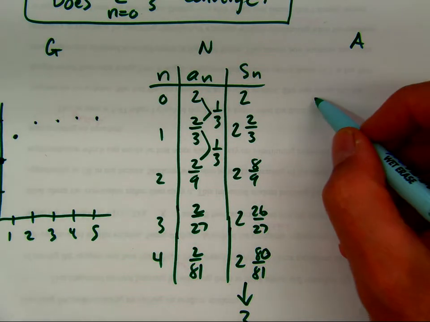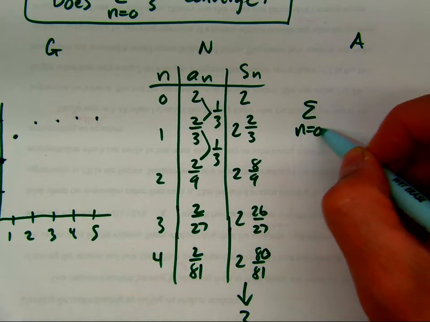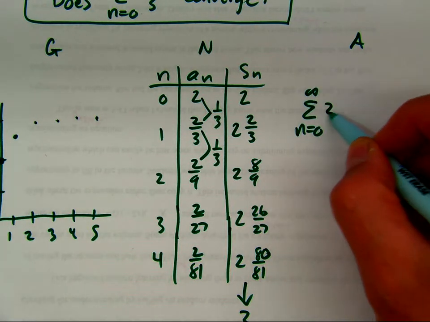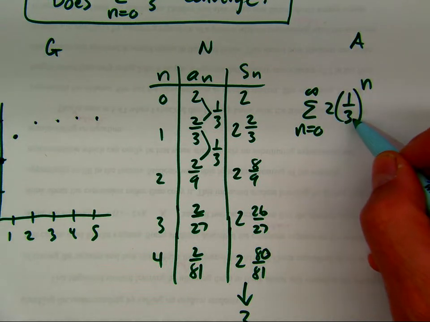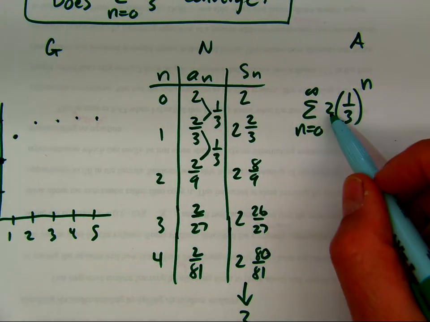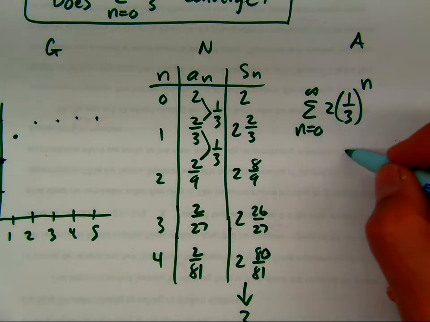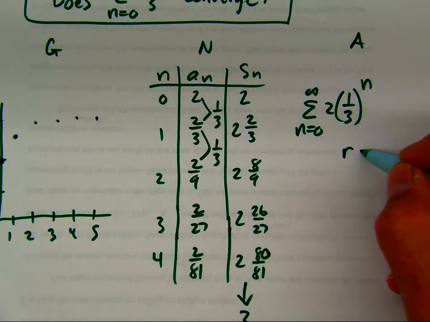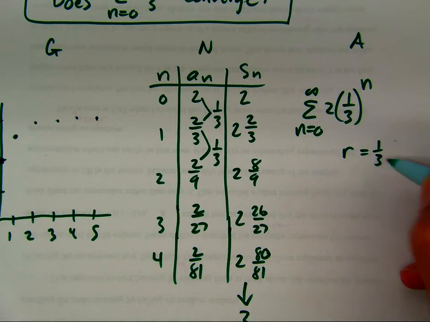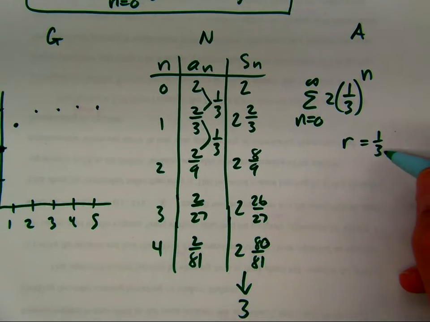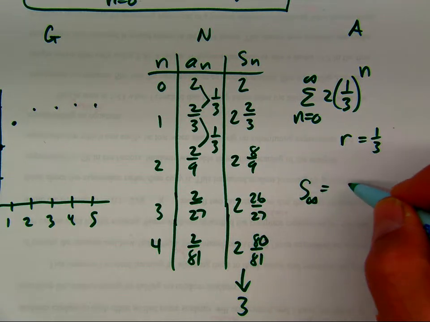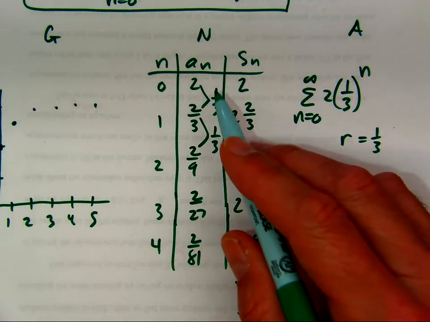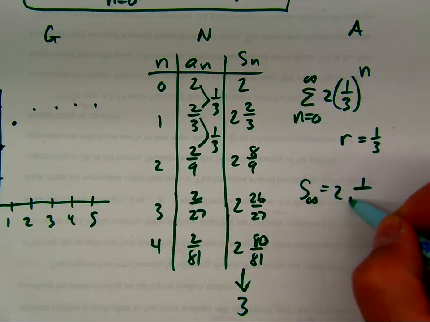And we have sigma n 0 to infinity. If we write it like this, then we can really see that there's the common ratio. The 2 is not raised to a power, so it can just be in front. So we know that the common ratio equals 1/3. If the common ratio is less than 1, then we can use this formula. The first term, 1 over 1 minus r.